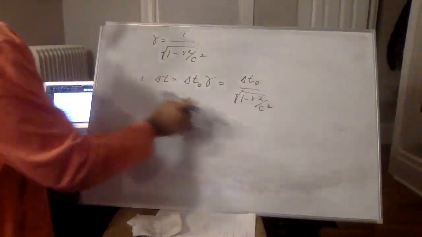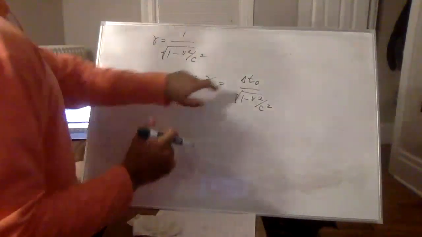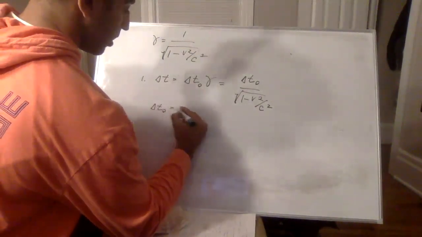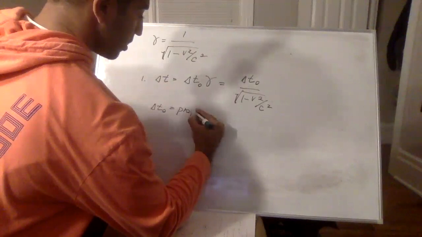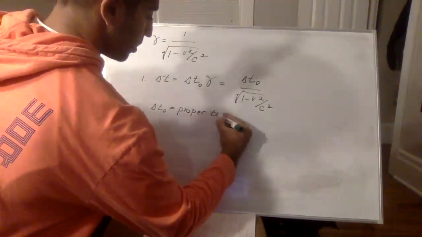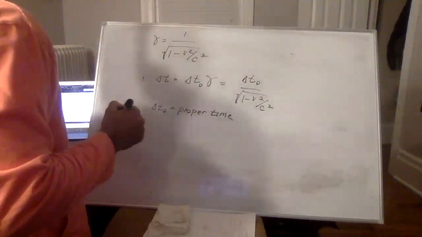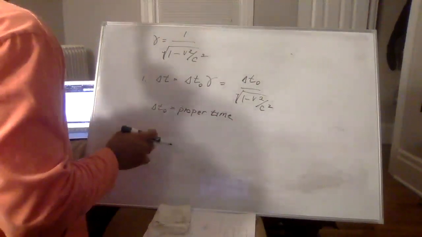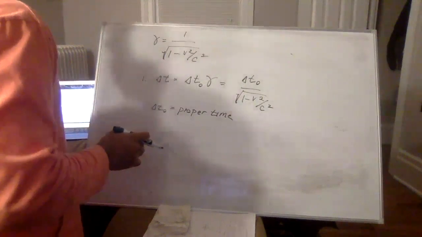So how do I apply this to formulas? So basically this delta t naught is what we call proper time. And proper time is the shortest time between any events that any observer can measure.